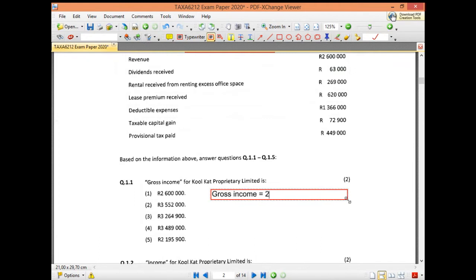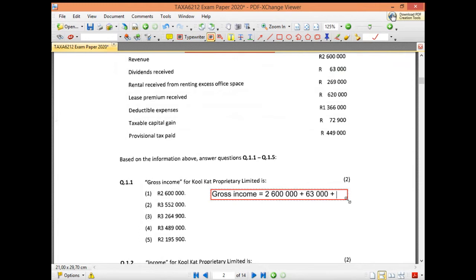We would include the revenue, which is 2.6 million. You will include the dividends as well, even though the dividends are exempt. You need to include them in gross income, and then when we work out the income amount, we will take them out again.